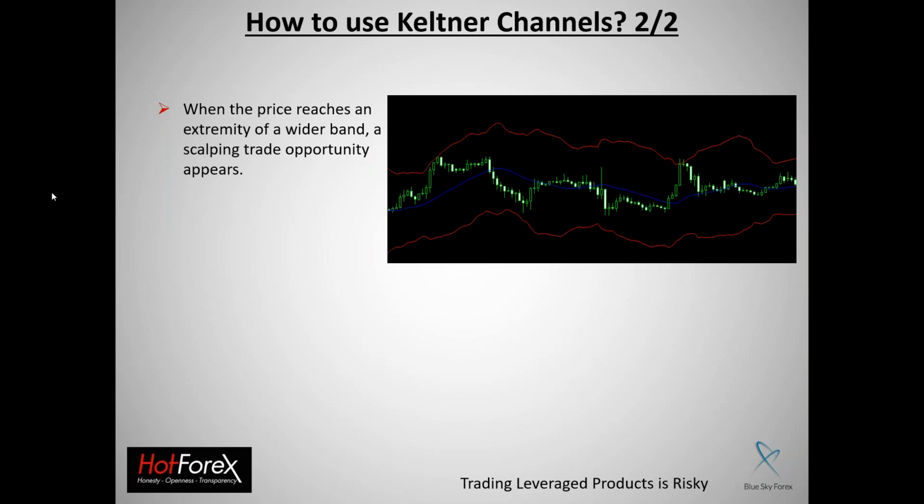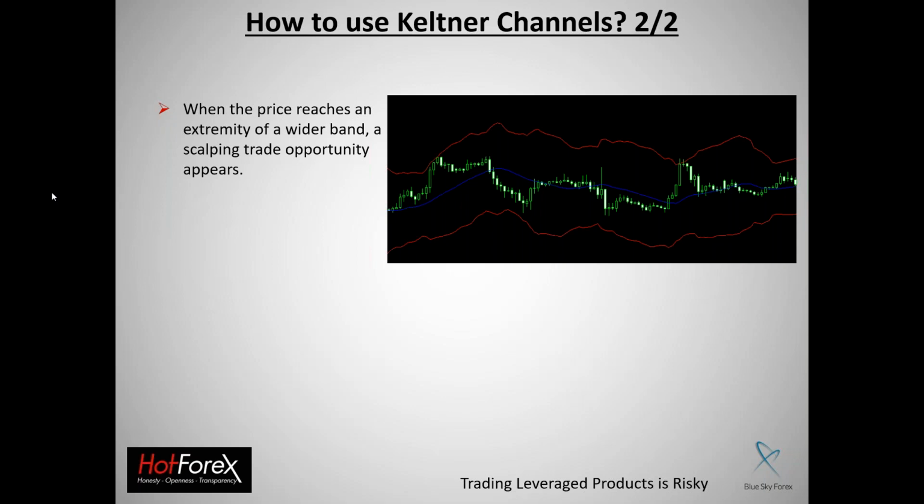And in terms of other technical indicators that might work well with Keltner channels, you can utilize the same technical indicators that you may utilize with Bollinger Bands. These include overbought oversold indicators like RSI and the stochastics, especially during a ranging market.